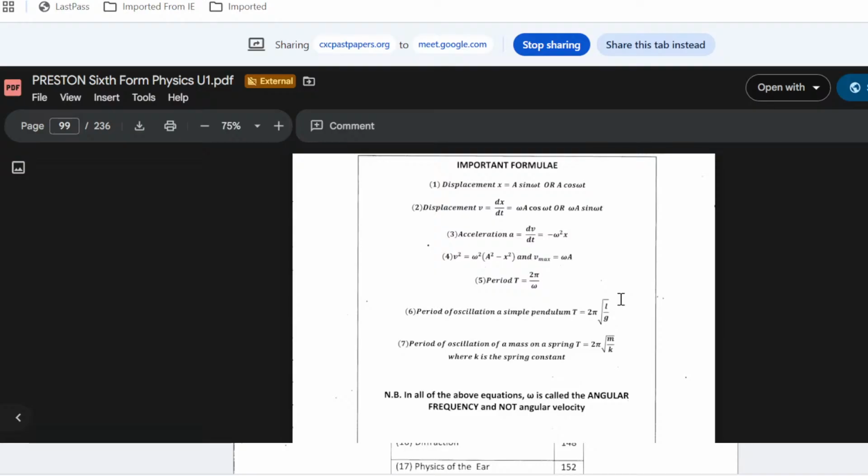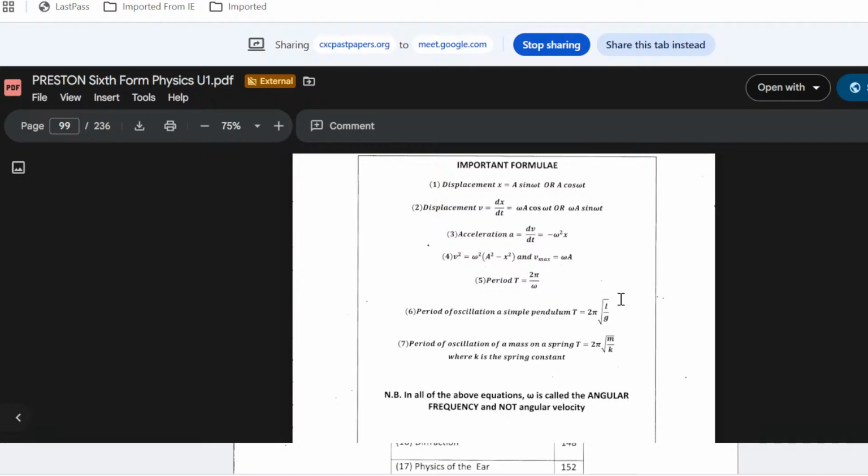Opposite direction. I'm not sure about the second. It always acts in the opposite direction. Or you could say towards the equilibrium position if you don't want to say opposite direction. Usually I say towards a fixed point.